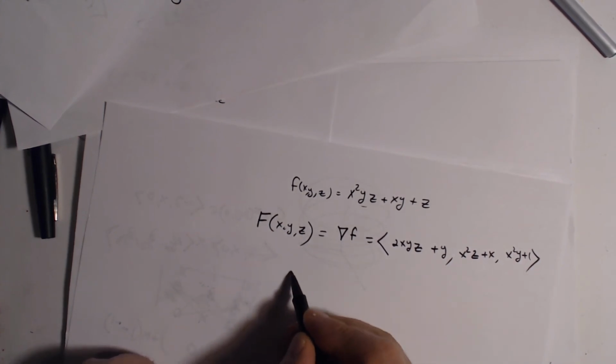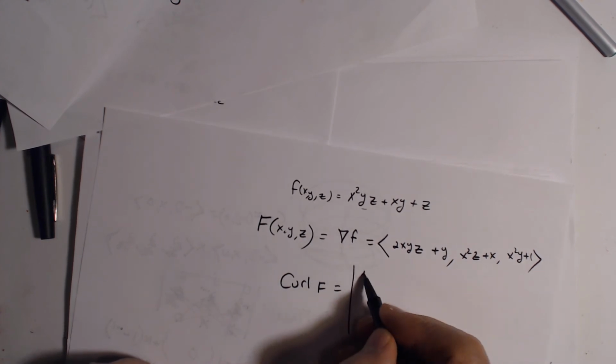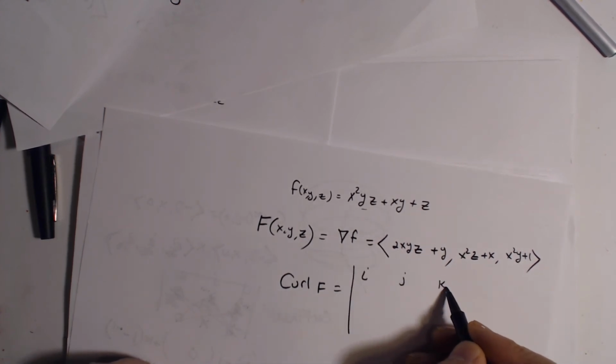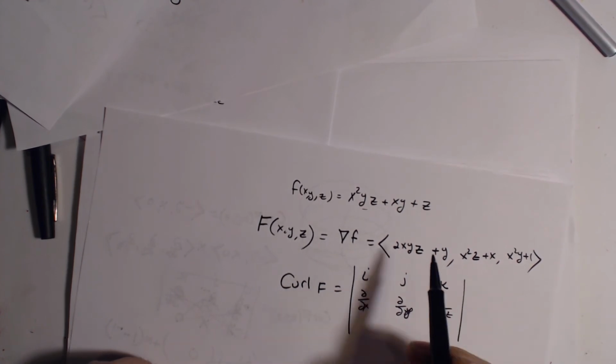But somebody said, I need the curl of the vector f. You need an i, you need a j, you need a k. But you do need an operator. And right now, I'm going to ask you a favor. What are these? These are partial derivatives.